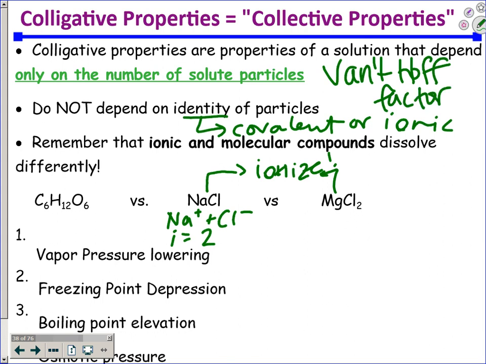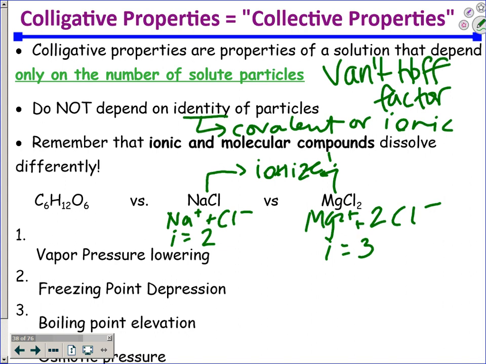So if you have an i of 2, that's great. But what about magnesium chloride? What does it make? Mg2+ and how many? Two chloride ions. So it's 1, 2, 3. There are three ions formed, therefore i is 3.